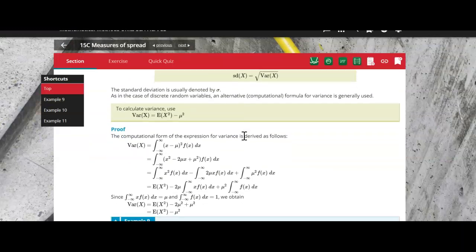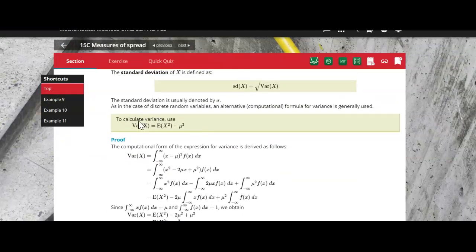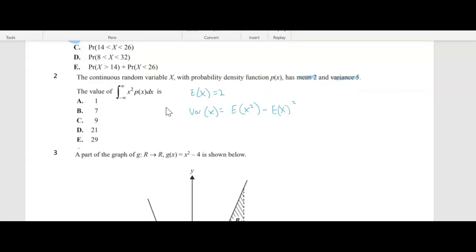Okay, so just using this formula here is a little bit easier. So E of x squared minus the mean squared, and remember the mean we also write as E(x), the expected value. All right, so I've just written the formulas there on the page.